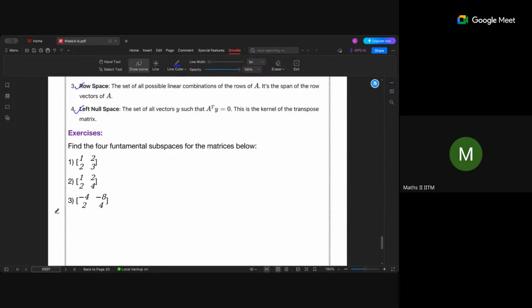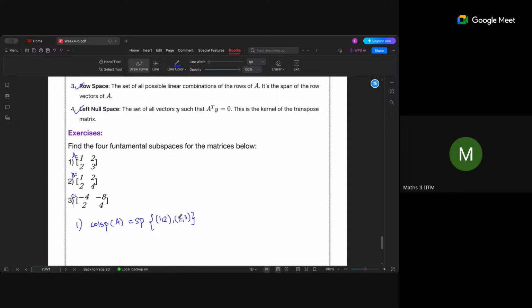For the first problem, what is the column space? Let's call this A, and maybe this is B and this is C. What is the column space of A? It is the span of (1, 2) and (2, 3). Is that correct? Yes, ma'am. Now, what do you know about these two vectors?